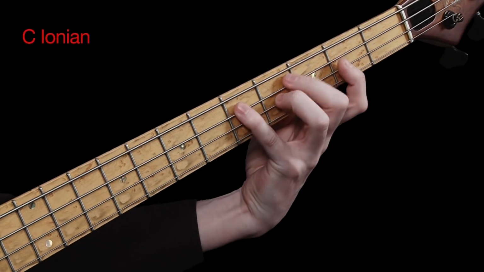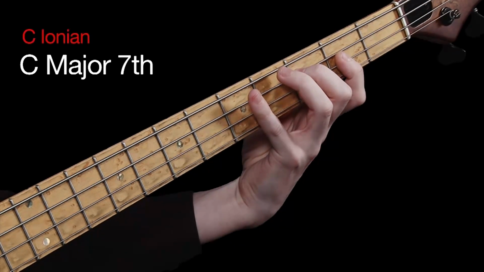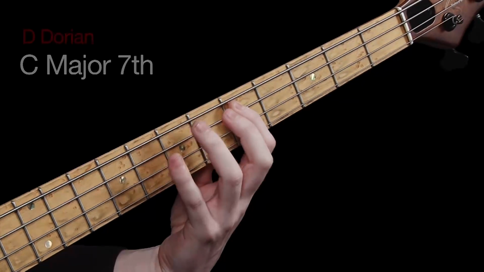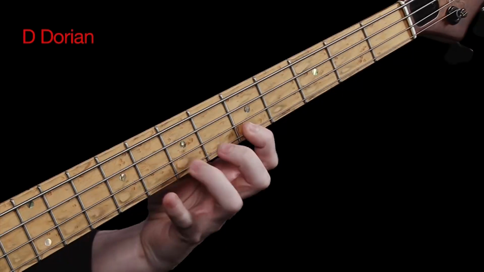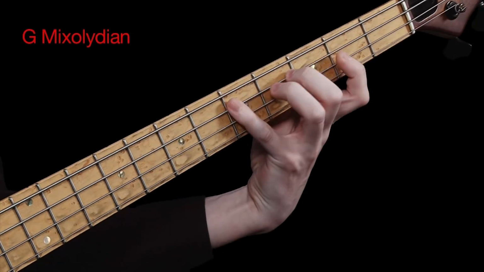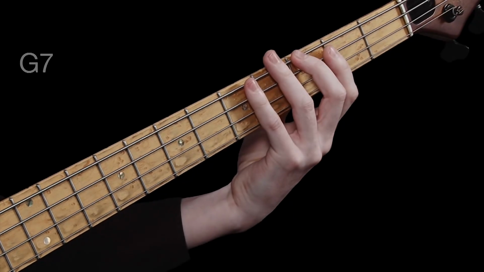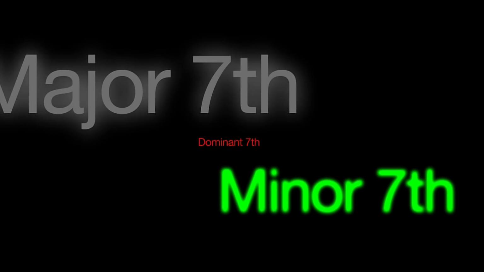C Ionian or the C major scale can be represented by using a C major 7th chord. D Dorian can be represented using a D minor 7th chord, and G Mixolydian can be represented using the chord of G7. Okay, these three different chord types are in essence the building blocks of creating a 2-5-1 chord sequence.